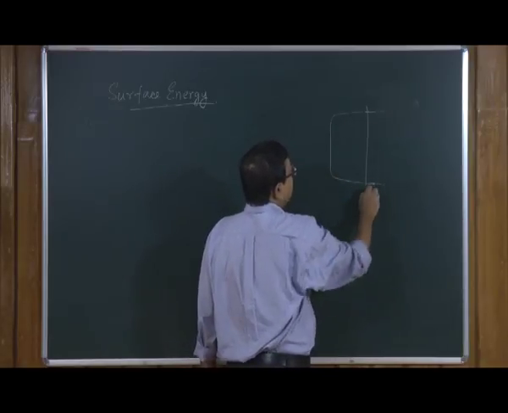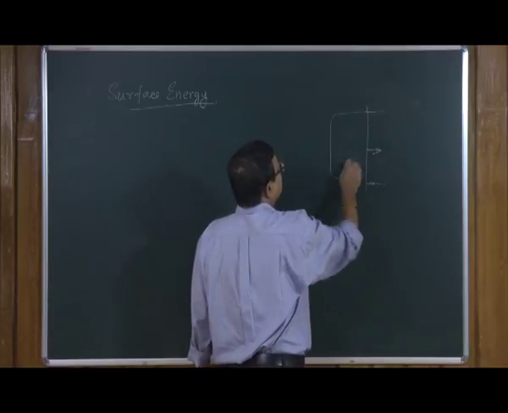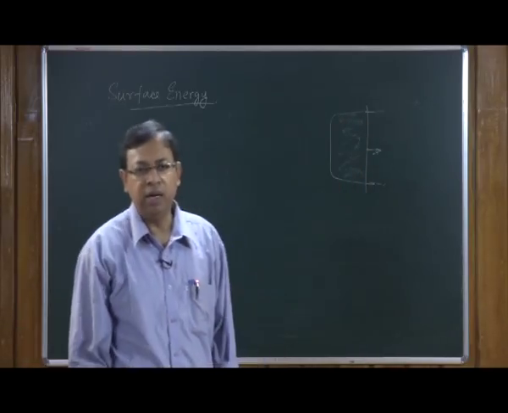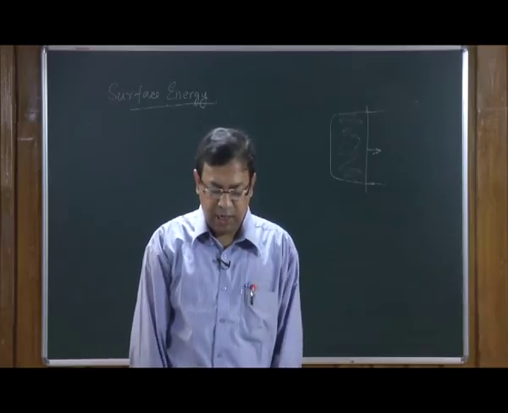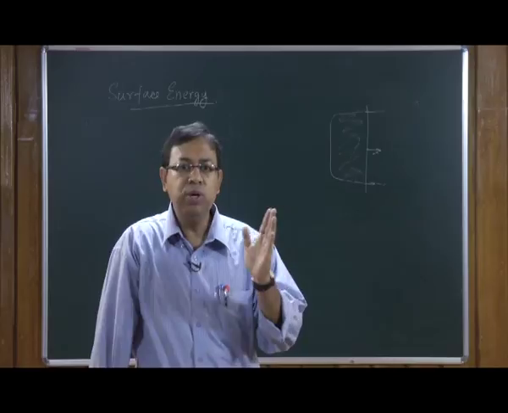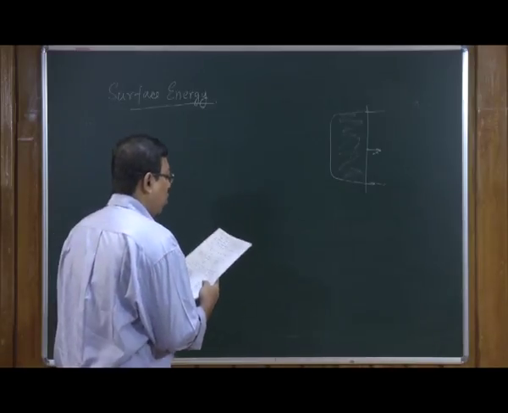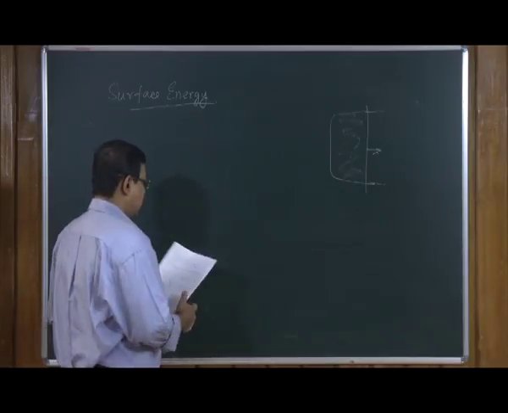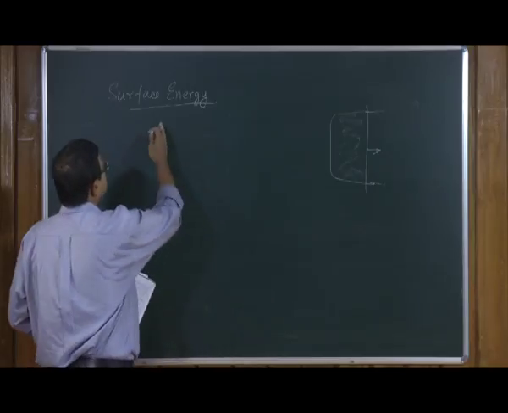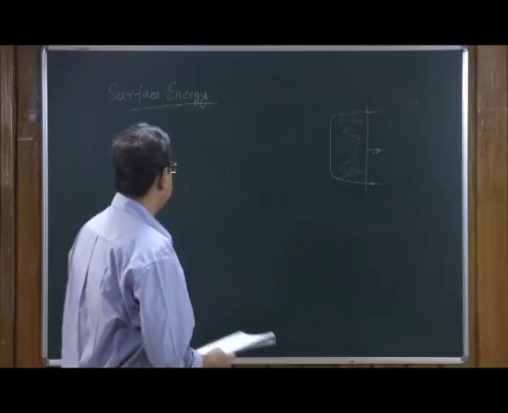So, this is that movable rod, and this region encloses a thin liquid film. So, we need some amount of work to be done and apply a force in order to increase the area. So, this work done will be stored in the system as the surface energy.